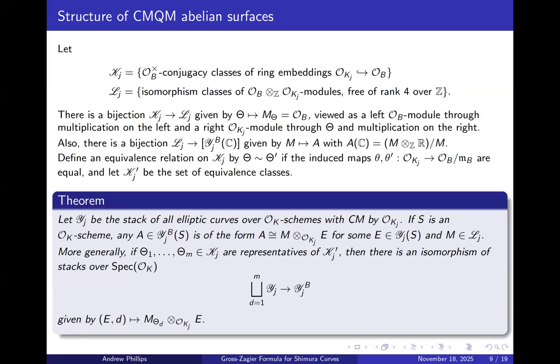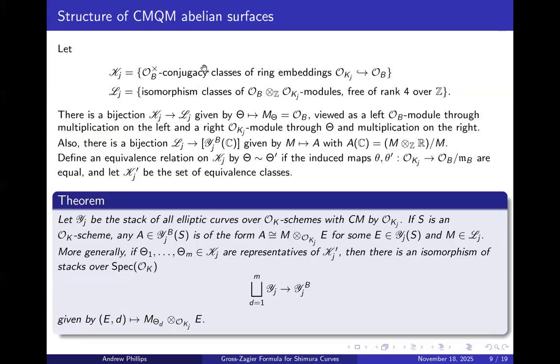There's a bijection between these algebraic objects by sending a ring embedding to basically just OB viewed as an OB-module on the left through multiplication, and a module over OKJ on the right through this ring embedding, this theta.